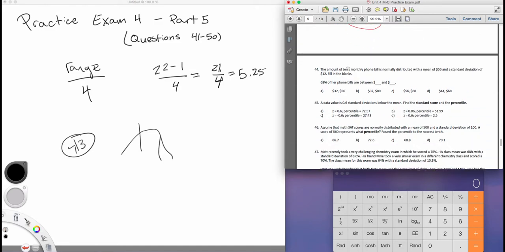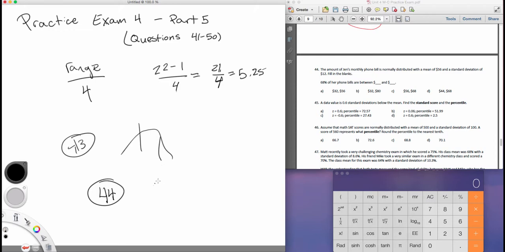All right, 44. The amount of Jen's monthly bill is normally distributed with a mean of $56 and a standard deviation of $12. Fill in the blanks. 68% of her phone bills are usually between these values, one standard deviation away. So for question 44, we're going to take our mean of 56 and subtract 12, and then take our mean of 56 and add 12.